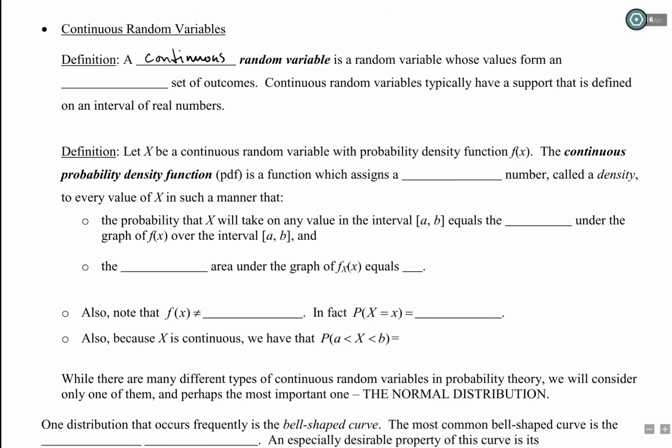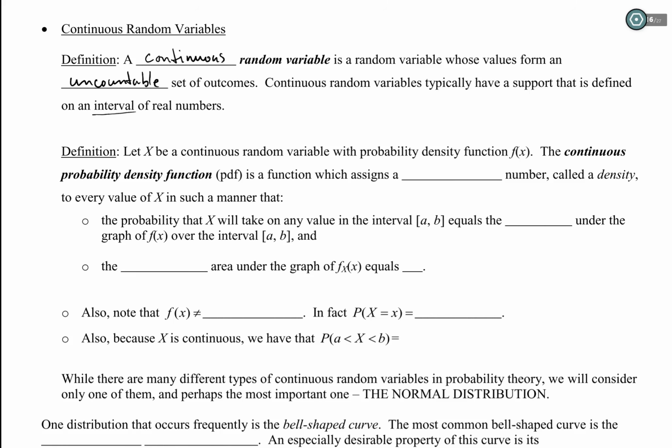It is one whose values form an uncountable set of outcomes, and they're variables that typically have a support that's defined on some interval of the real numbers. So the time it takes to walk a certain distance, or the weight of a person, those sorts of things are typically modeled as continuous random variables.